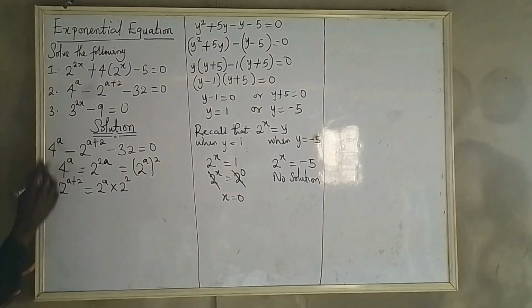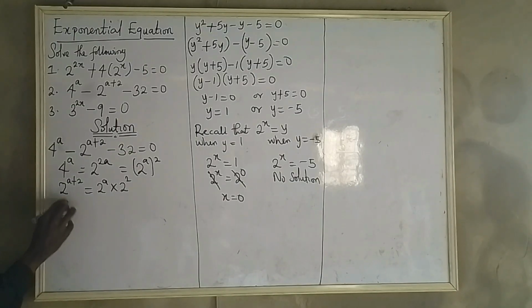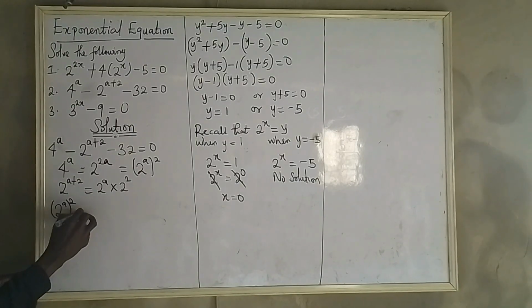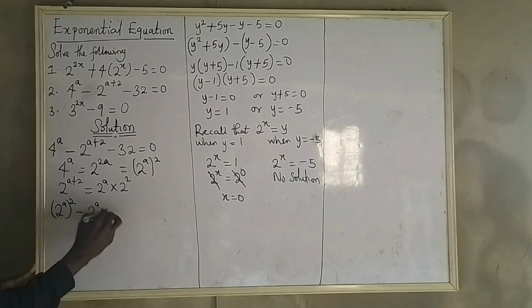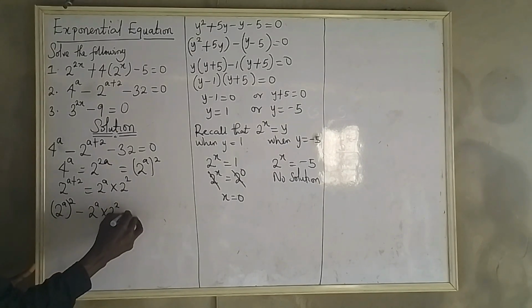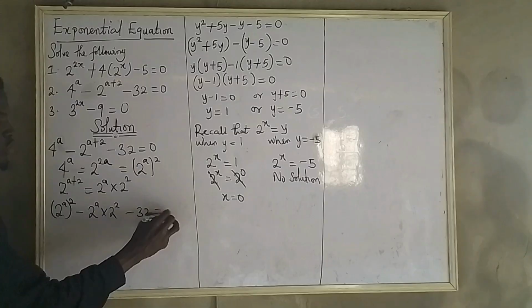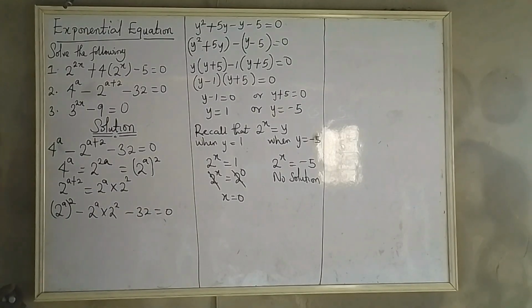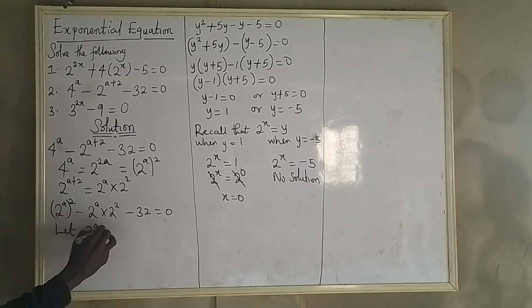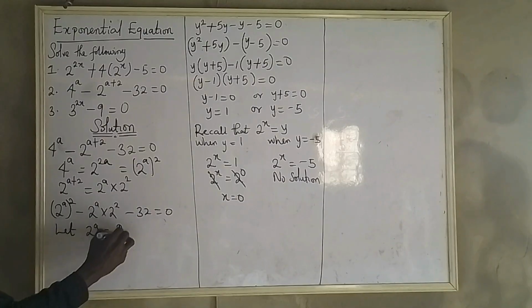So that means here I will have 2 raised to power a squared, minus this one has now become 2 raised to power a times 2 raised to power 2, minus 32 equal to 0. Are you seeing that now? And that will give us what now? You can see that we already have, let 2 raised to power a be equal to p.